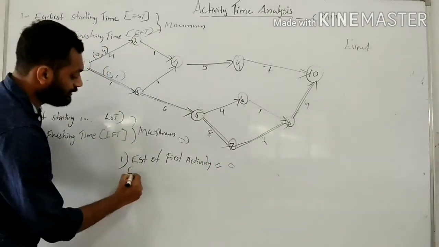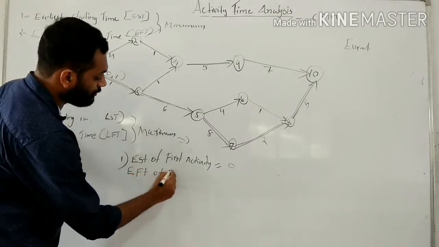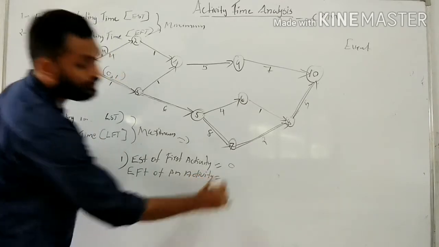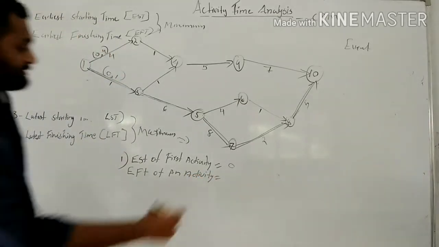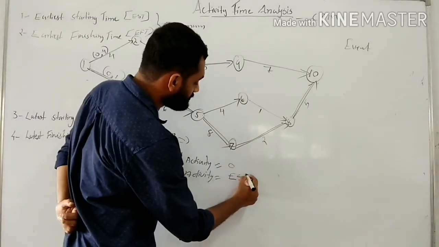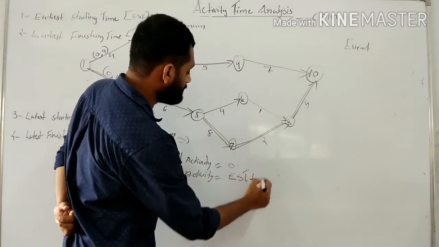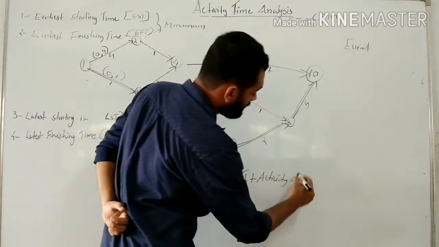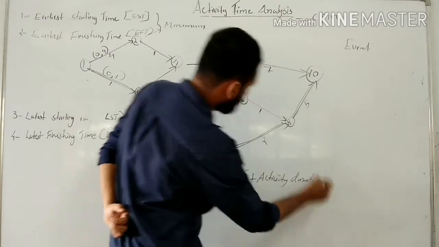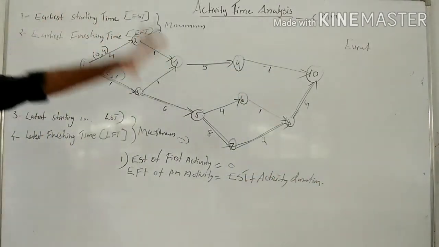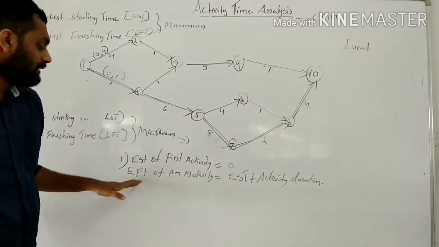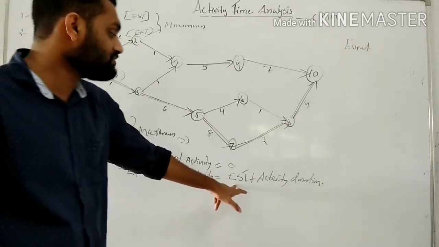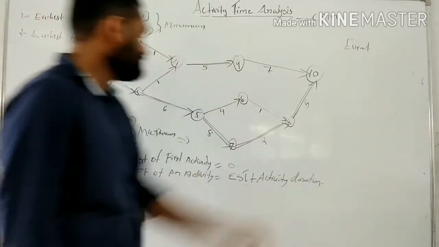Then EFT of an activity is equal to EST plus activity duration. So EST of the first activity will always be 0, and EFT of an activity is equal to EST plus activity duration.